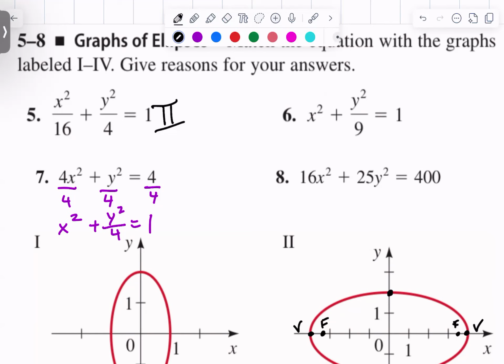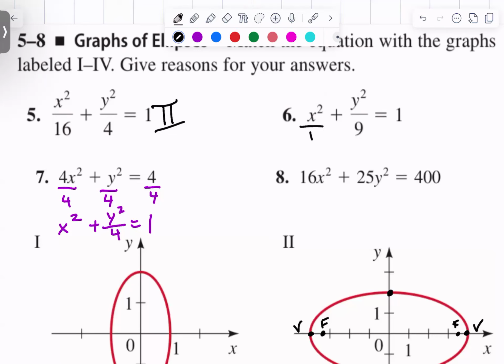Okay. Number 6, x squared plus y squared over 9 equals 1. If it's just x squared, it's always going to be over 1. Okay. So y squared over 9 is greater than 1. So it's going to be a long one. It's going to be a vertical ellipse. Correct?